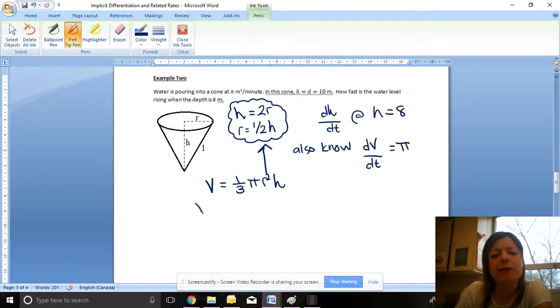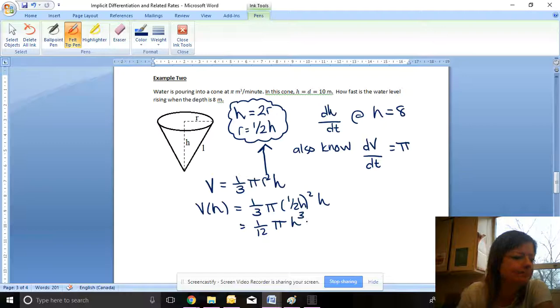So we want volume as a function of height. So we get 1/3 pi times half h squared times h. So that half squared is a quarter times 1/3 is 1/12. And then h squared times h is h cubed.